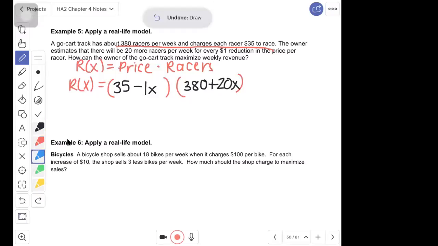Okay, so we have both parts of our function. Go ahead and FOIL. I'll give you a minute to go ahead and FOIL and get that quadratic function simplified.